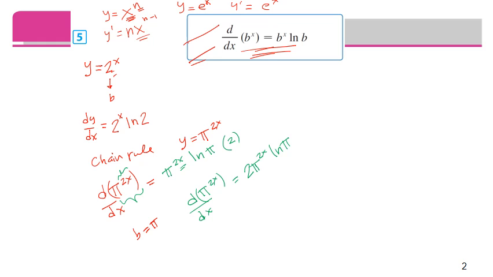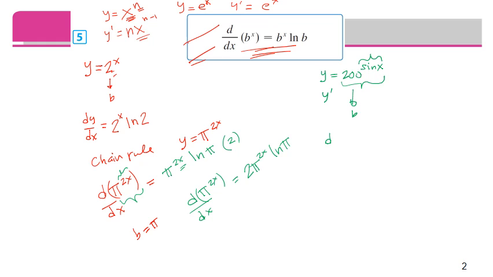Okay, so how about another example? How about this one? Y is equals to 200 to the sine of x. So what is y prime equal to? So here, this is our b, and this is our outside function, and this one is our inside function.